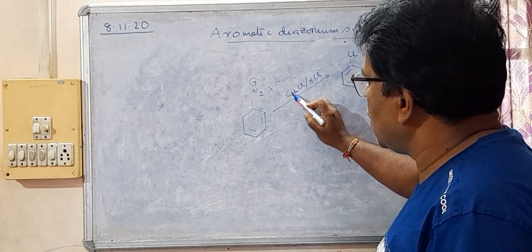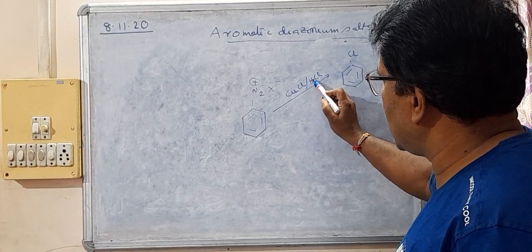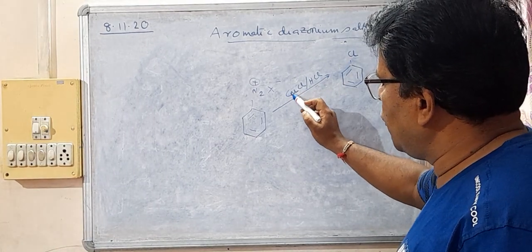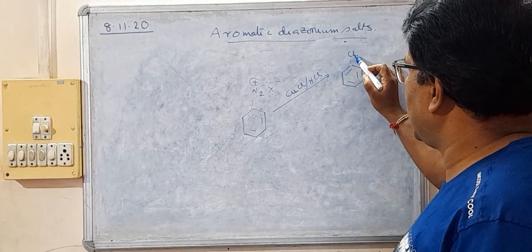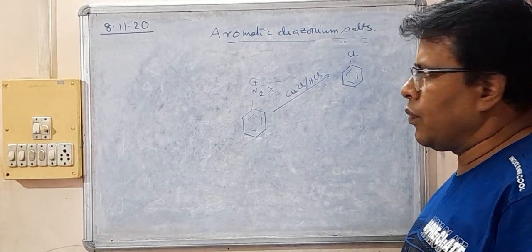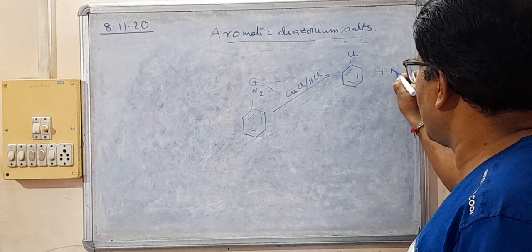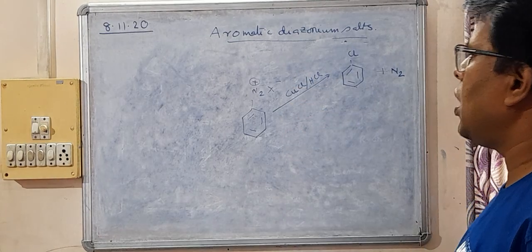It is also applicable for Br. If you take CuBr, HBr, then it will become Br. If you take CuCN, HCN, then it will be replaced by CN. And of course, there will be liberation of nitrogen gas. And this reaction is called Sandmeyer reaction.